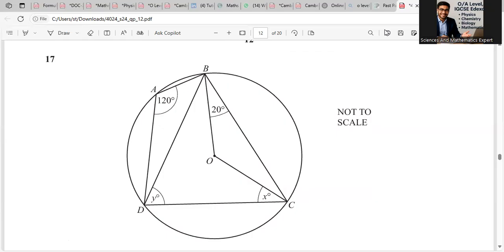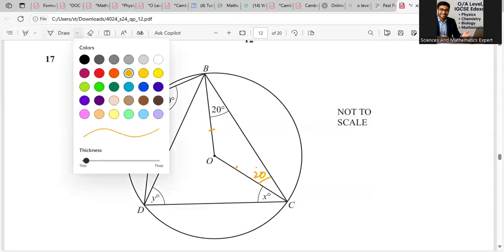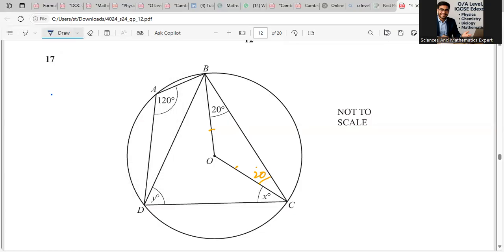So if we look here, it is y, it is 120. So I can say it is 20 again, because this is an isosceles triangle, as it has two radii, OB and OC.